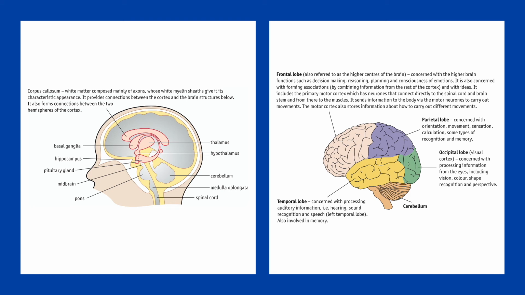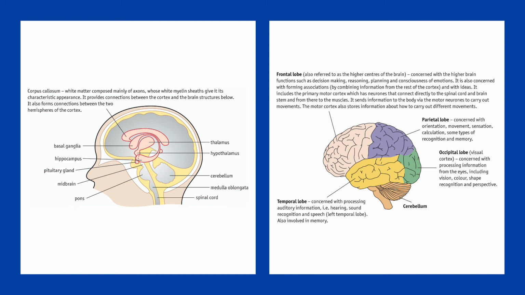They interpret vision, color, shape, perspective, and it's a really complex and important part of the brain, which can be damaged. For example, if you're ever struck on the back of the head, you might see stars, because the occipital lobe is being overwhelmed.